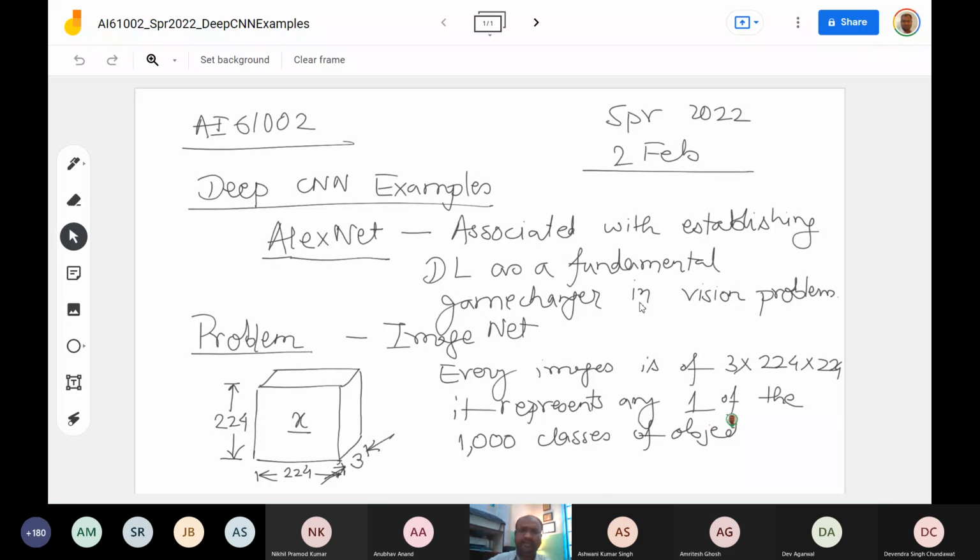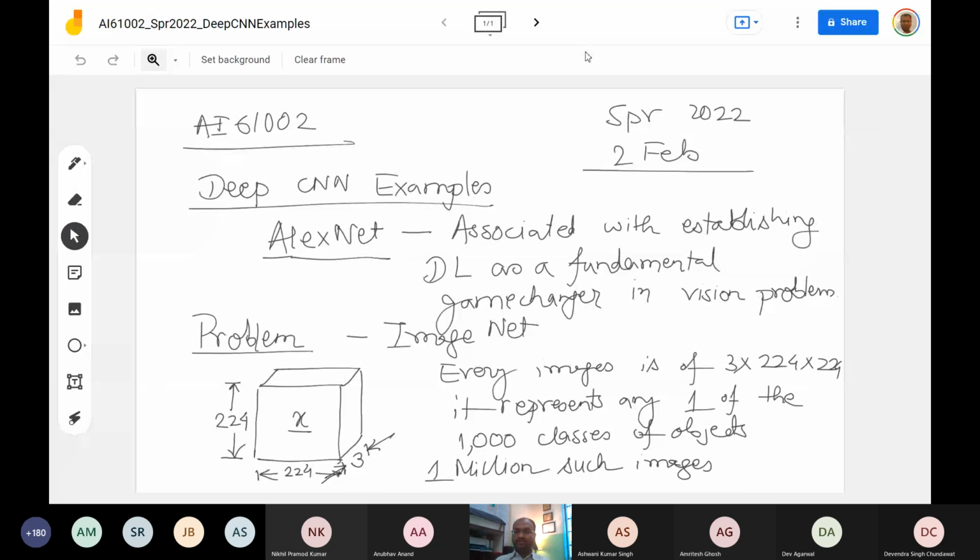These classes can be something like cat, dog, ball, etc. And you have 1 million such images. So the size of the training set, the number of samples, is 1 million, each image is of size 224 cross 224, and there are 1000 different classes of objects.